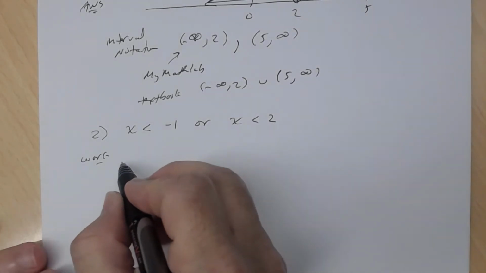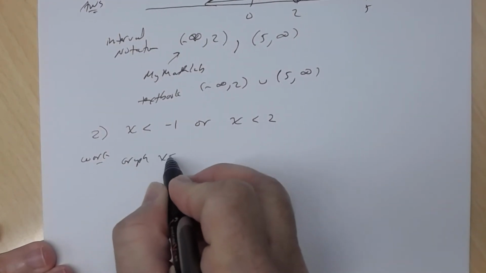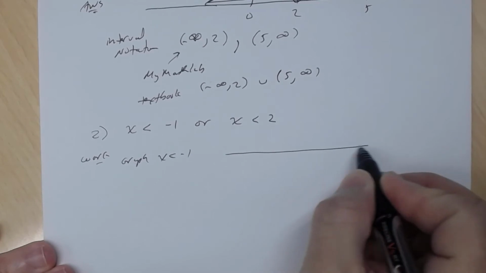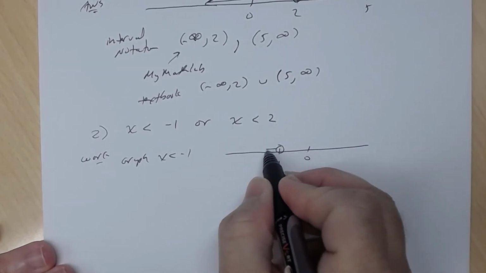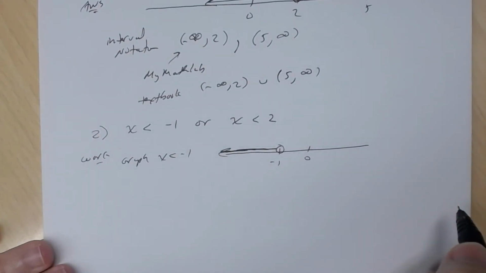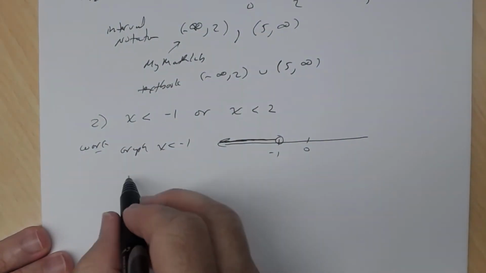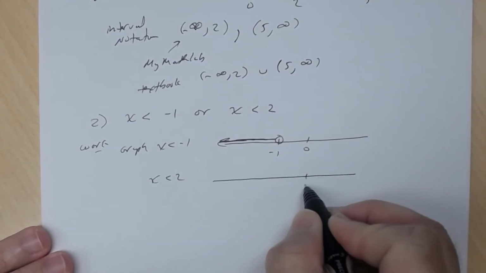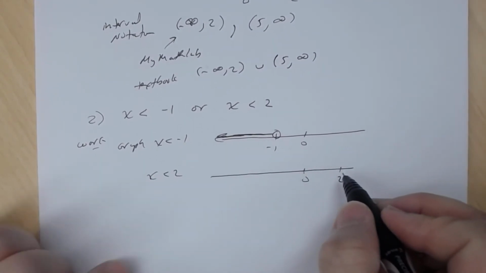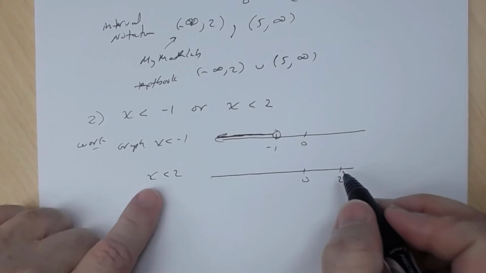All right, so you're going to graph the first one. So here's 0, here's -1, open circle going to the left. Okay, here's the other one. x is less than 2. Here's 0, here's 2. We're going to graph the solutions to this one.